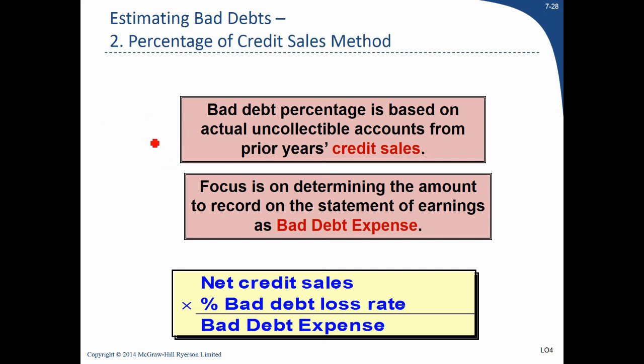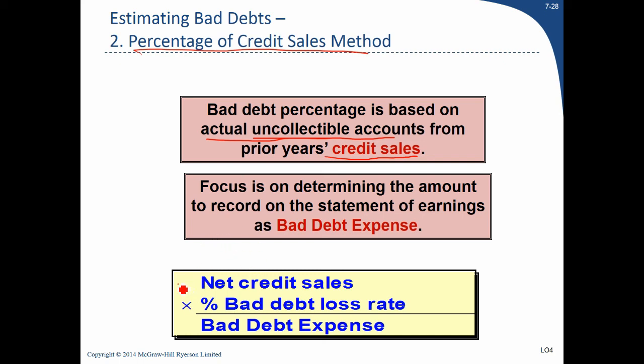So in the percentage of credit sales method, the bad debt percentage is based on the actual uncollectible accounts from prior years' credit sales. In this case, rather than first calculating AFDA and then plugging bad debt expense, we calculate bad debt expense directly.